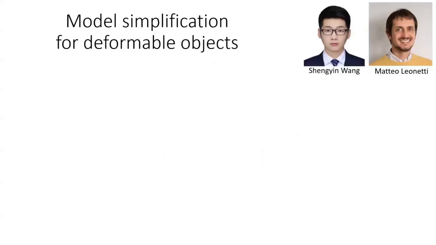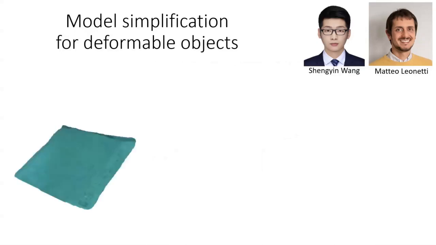So we have been looking at that. And we have particularly for now applied this idea to deformable objects. This is with Sheng Wang and Matteo Lenotti, who is a lecturer at King's College, who we are collaborating with on this. We have been looking at deformable object manipulation.